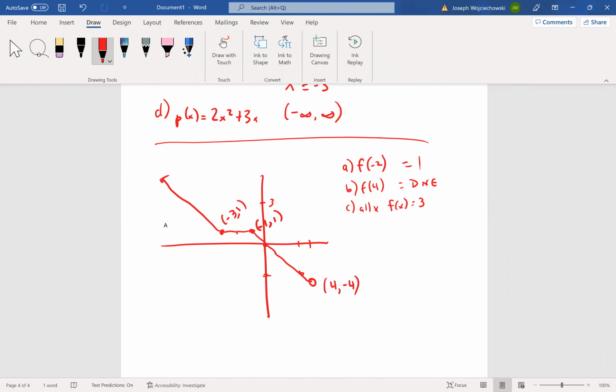And that is negative 4. Negative 4, 3 would be that point. So where y is 3, x is negative 4.